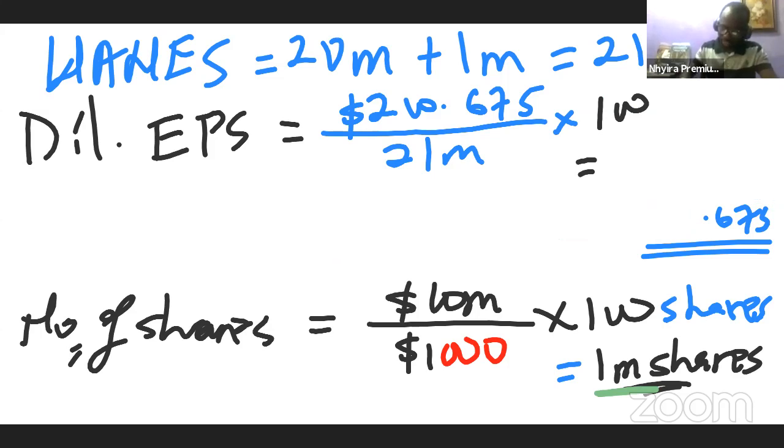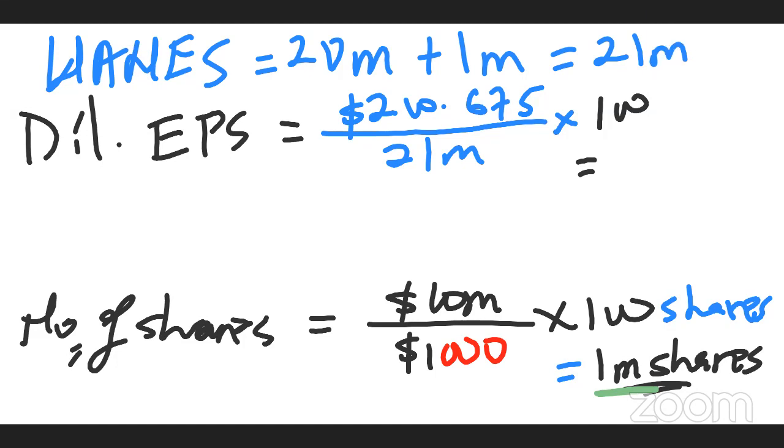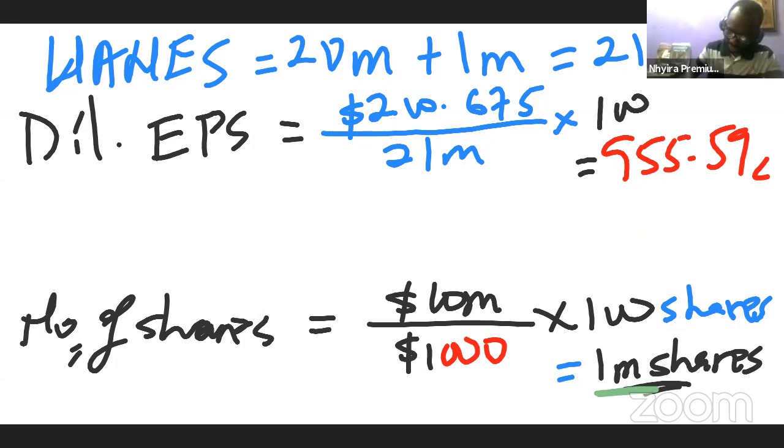So let's work it out. 200.675 divided by 21 times 100. I'm getting 955.59. Good. Cents. Yes. That's it.